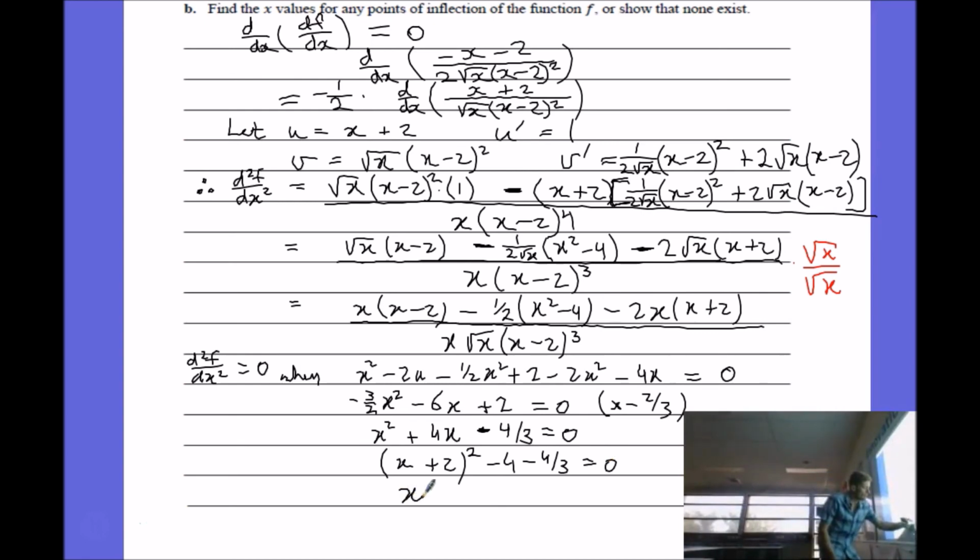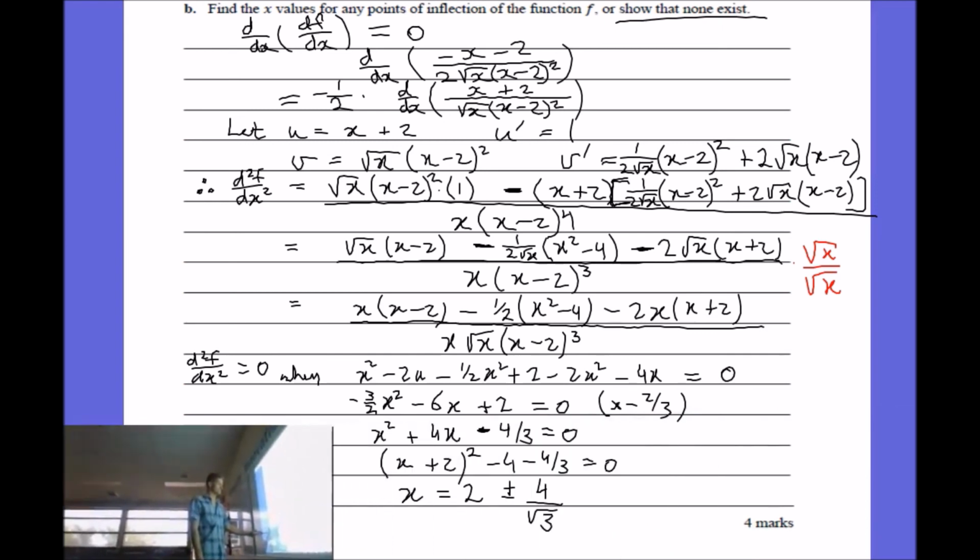So when I solve this, that will give me 2 plus or minus the 4 on root 3 overall. Okay, will any exist? I've got to check my solutions against the domain, the same as last time.